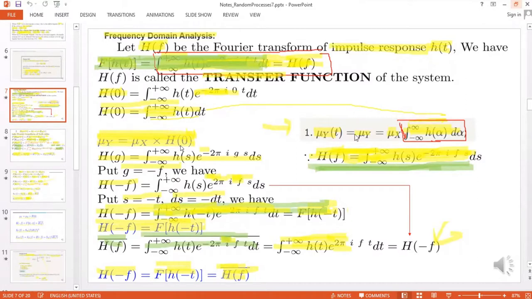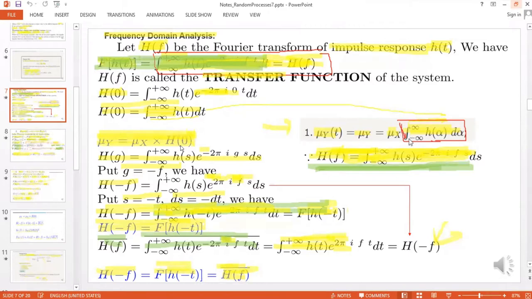And if you remember the earlier result, if x(t) is a wide sense stationary process input to a linear time invariant system with impulse response h(t), then y(t) is also a wide sense stationary random process with mean mu_y(t) equal to mu_y, and this is the first result of the theorem: mu_x times the integral from minus infinity to plus infinity of h(alpha) d alpha.